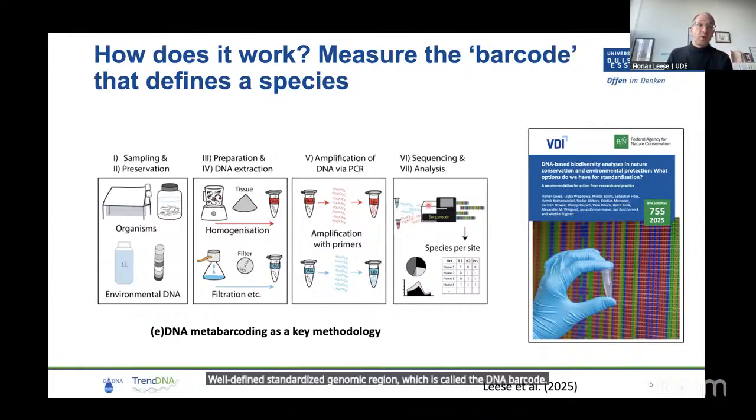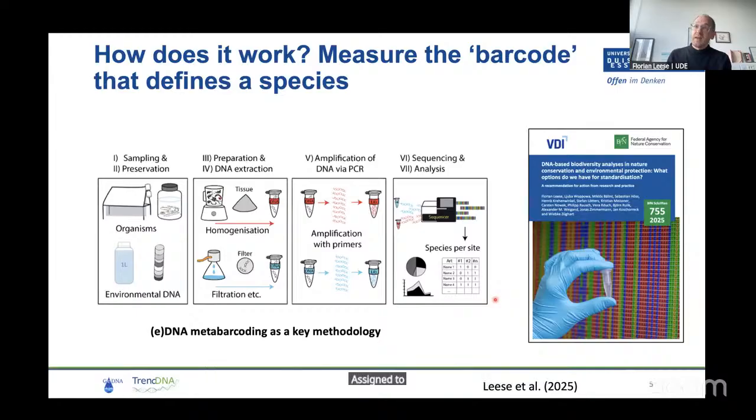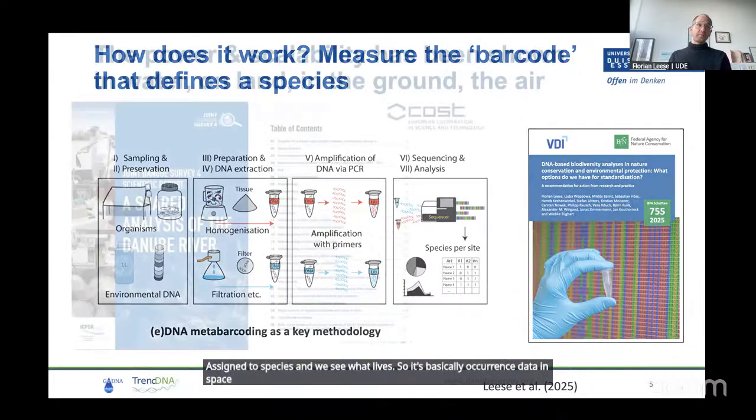This can then be read out on a sequencer, and we have a fantastic array of sequencing machines that do the job. And then there's some magic that happens with bioinformatic analyses, but also there we have good solutions. And then we end up with an overview list of sequences that can be assigned to species, and we see what lives. So it's basically occurrence data in space and time.